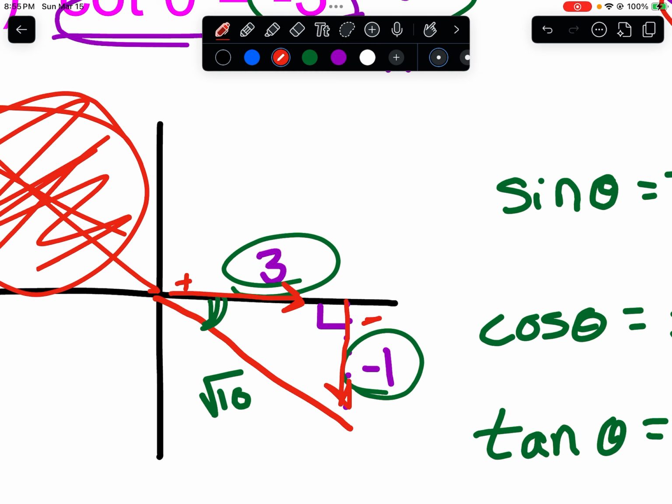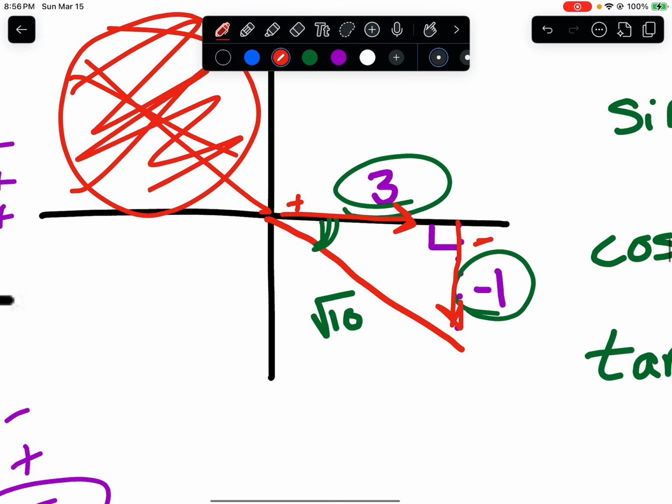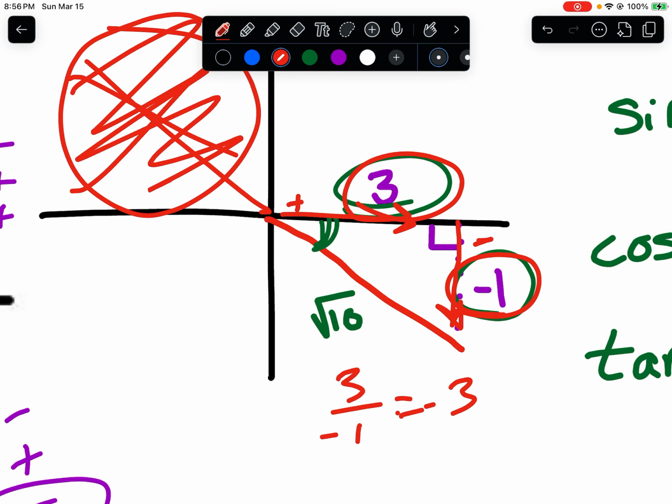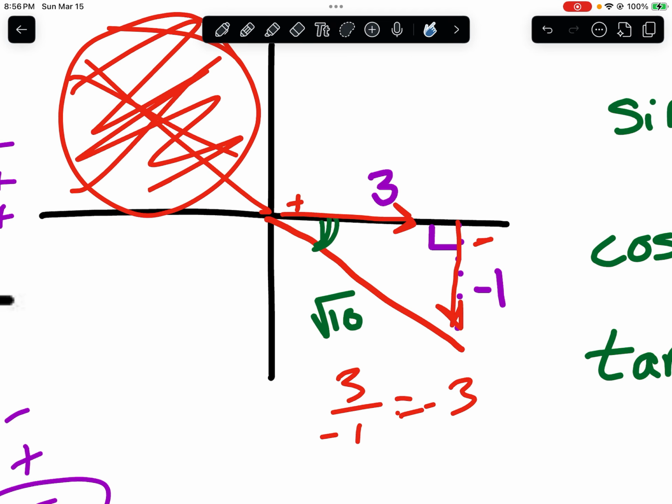And since this side of the triangle is going down, that should be a negative value. If I did cotangent as adjacent over opposite, I'm still going to get a cotangent value of -3. So I can still satisfy that condition we were given by having a -1 and a +3. Okay, so if we clean that up a little bit.